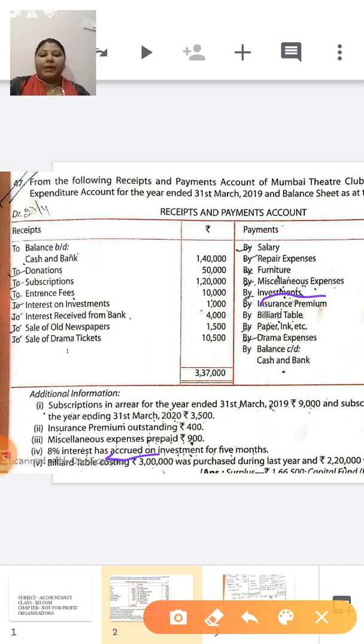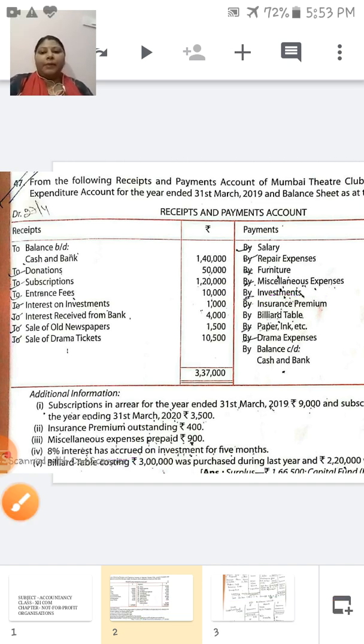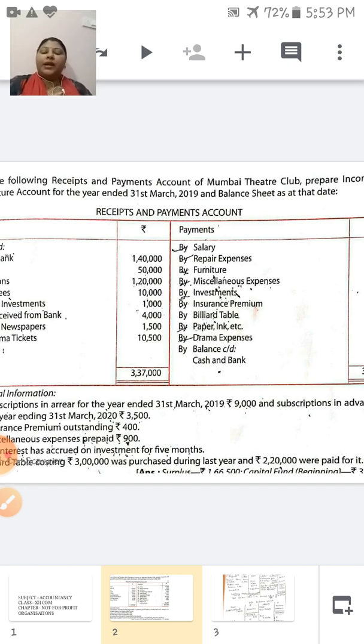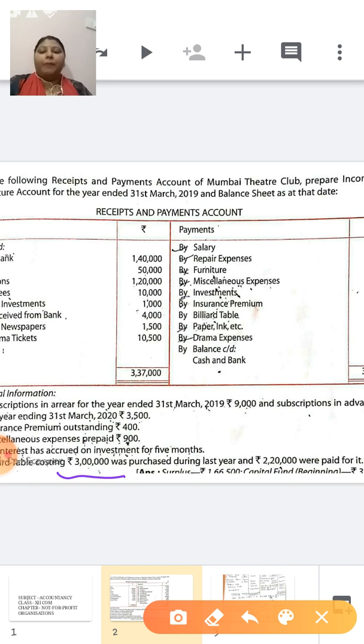Next is billiard table. Billiard table is an asset, costing rupees 3 lakh, purchased during last year, and 2,20,000 were paid for it. It means you purchased the billiard table in the last year for rupees 3 lakh but payment was done for 2,20,000 only.